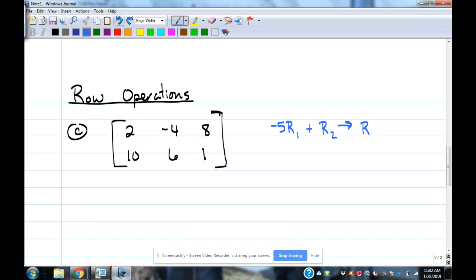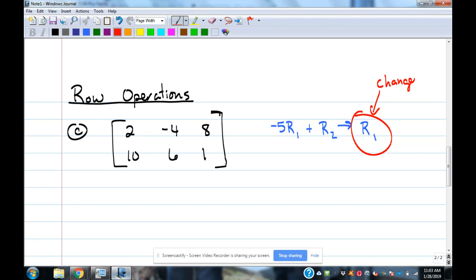This tells you which row is changing. Change that one. Don't change row 2 on your answer. Row 2 stays the same. Row 1 is the one that's changing because that's what it said to change. Okay, whatever it tells you at the end is the result. That's the row that's changing.